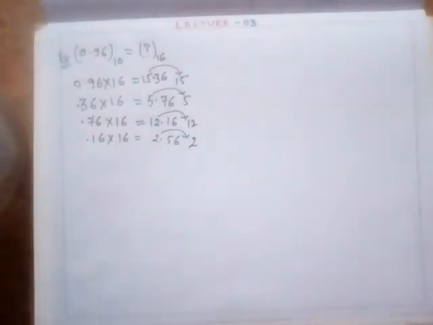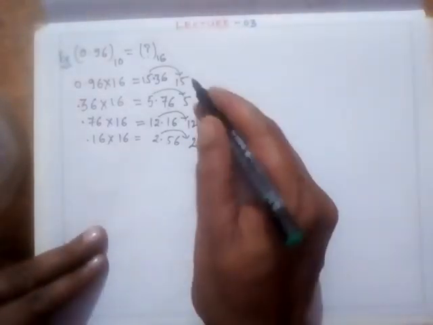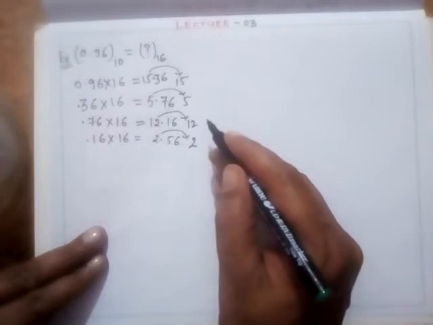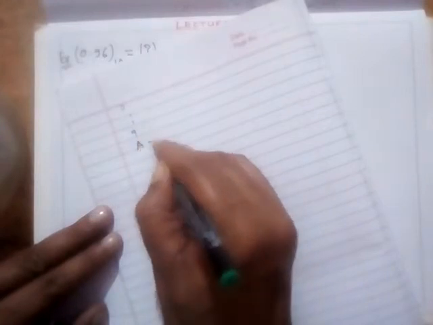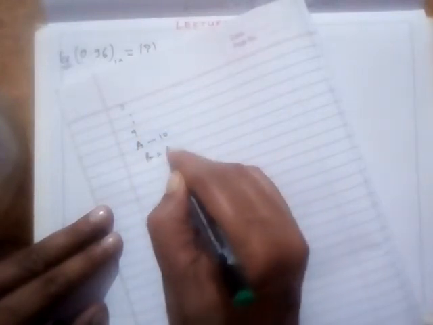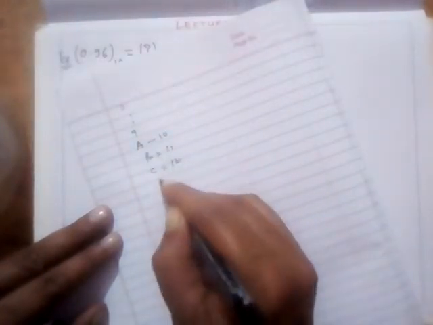But remember that since I am converting this into base 16, in hexadecimal numbers 0 to 9 have their usual meanings as in decimal, and A corresponds to 10, B is 11, C is 12, D is 13, E is 14, and F is 15.